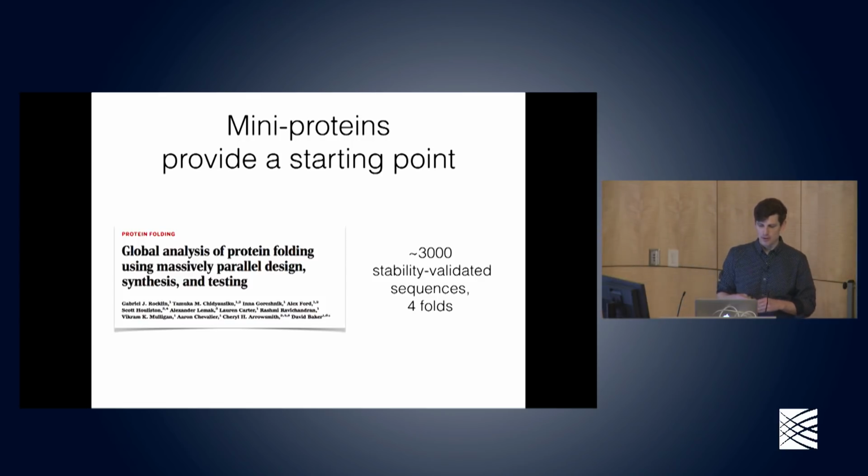It's awesome, where they essentially designed 4 mini folds and then systematically created lots of sequences for these folds from scratch, all designed computationally, and then in a high throughput assay validated that all of them fold up. So this is nice because, rather than going straight to the PDB, we can see what happens when you have IID splittable data.